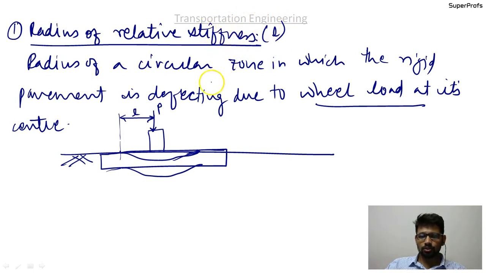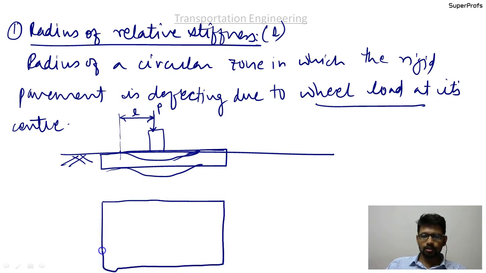So I hope you have understood. It is the radius of a circular zone. If you look at the plan view, it will look something like this. Let's say the load is P, and the contact area is circular, having radius a, and L is the distance up to which there exists some kind of deflection in this slab.